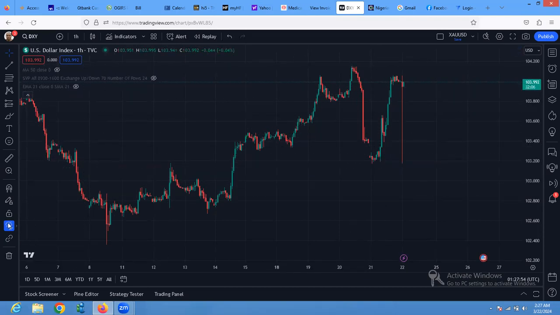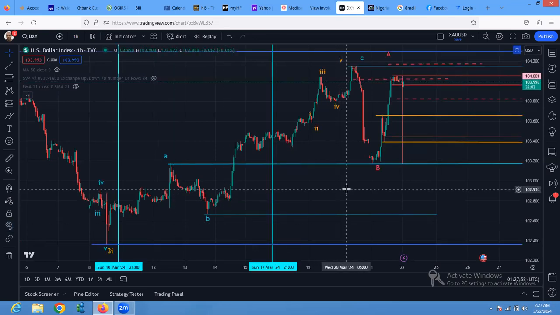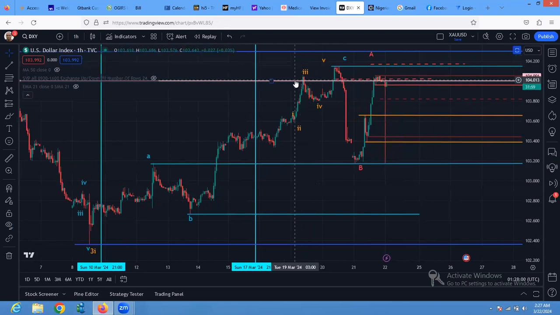So let's go inside. Just like we said, we needed not to have broken this if we had wanted to take this as a 3-1 and a 3-2 to push down. So with this, we are more likely to go up. We want to see what is going to cook here.